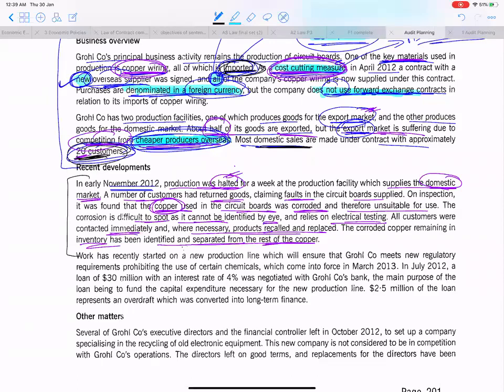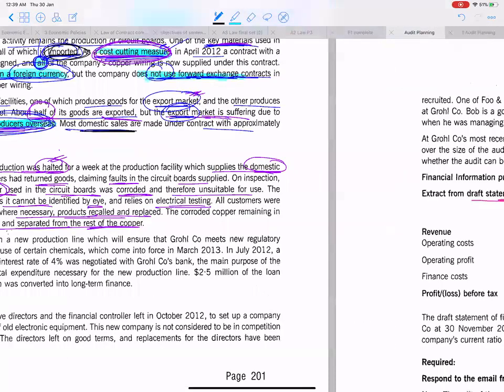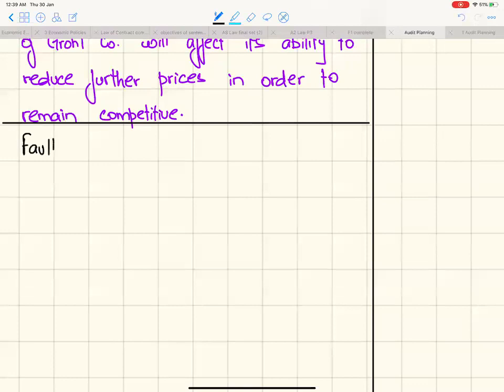Okay? Now see. Let's write an easy one. Faulty goods supplied. Now let's identify the risk. Now what is the risk here?